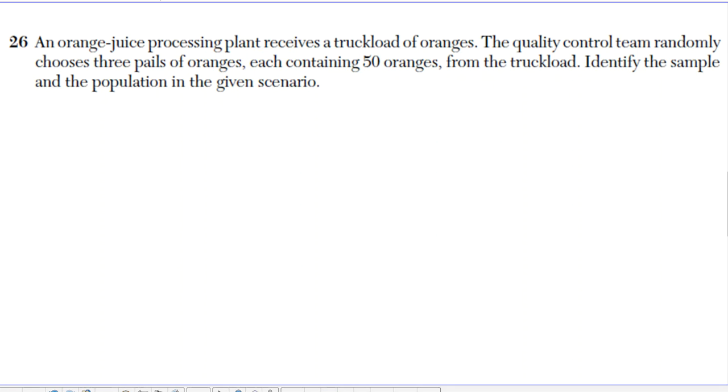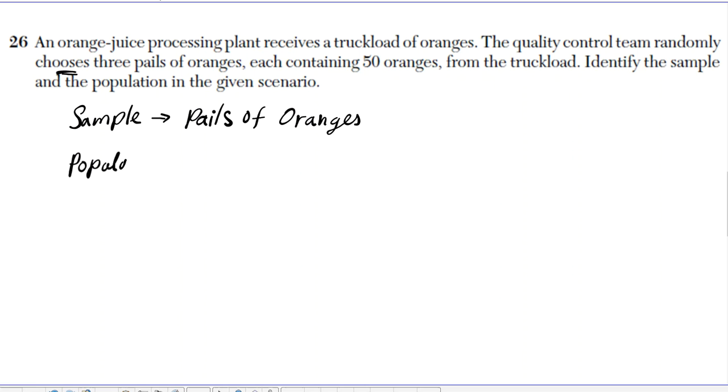Okay, so let's start with the sample. The sample is basically what you are selecting. Okay, so what did the quality control team select? What did they choose? They chose piles of oranges. Okay, so the sample is going to be piles of oranges. And then our population basically represents where this sample was selected from.